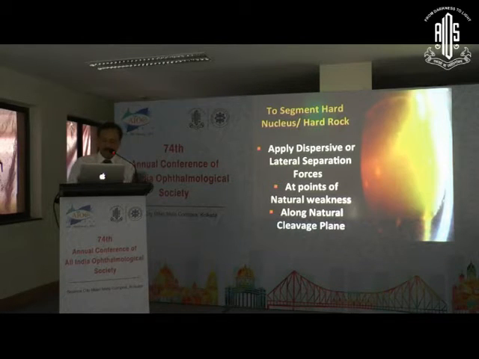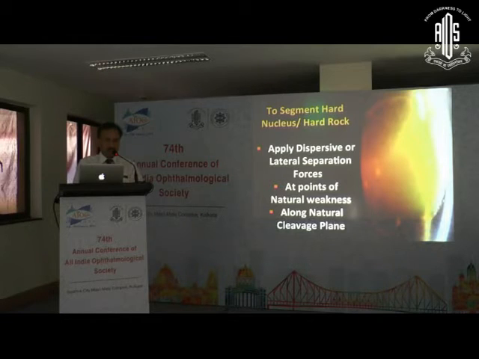Similarly, the same principle works in the hard nucleus, where you already have a natural cleavage plane and a weak point. The weak point is the equator, and the natural cleavage plane is along the nuclear fibers. These are the typical anatomical arrangement of the nuclear fibers, which extend from the equator from one side to the other.